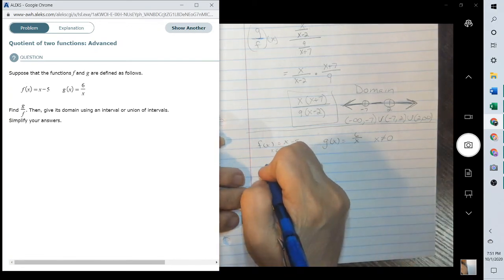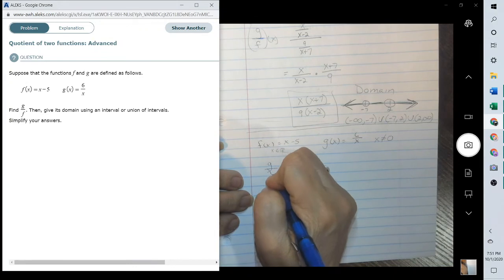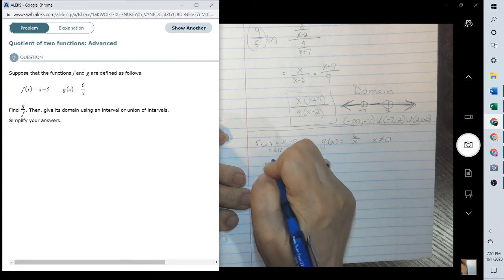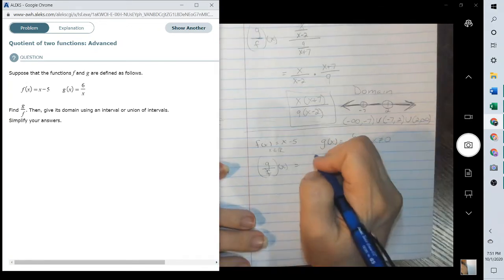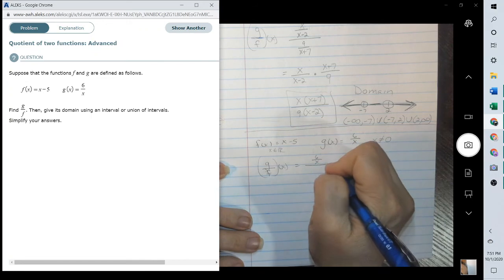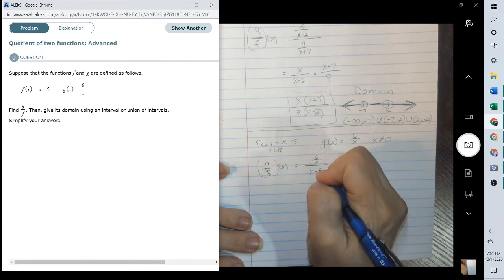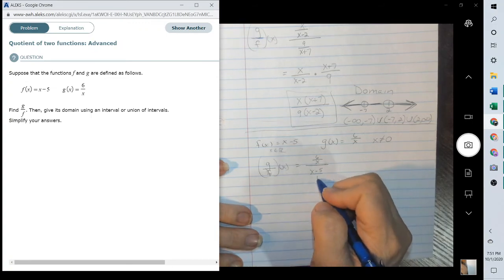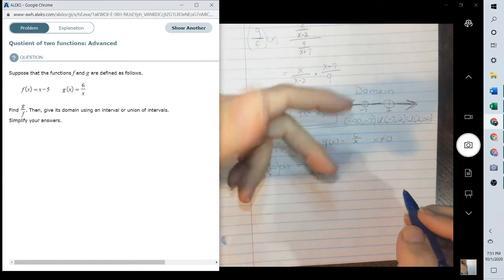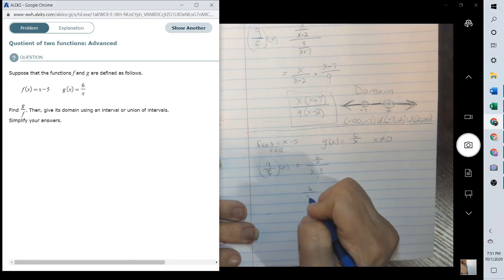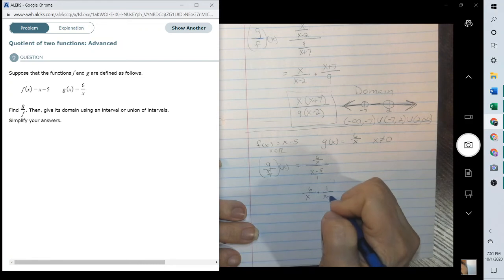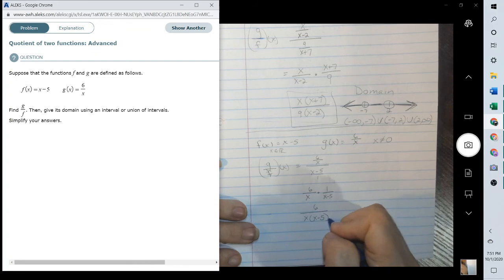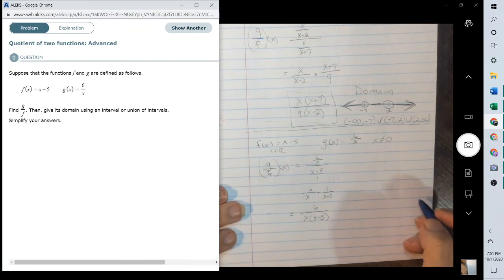And then we're taking g divided by f of x. So we have 6 over x divided by x minus 5. When you have something that's not a fraction, you can place it over 1, and then we can flip the bottom and multiply. 6 over x times 1 over x minus 5. 6 over x times x minus 5. So that would be our answer.